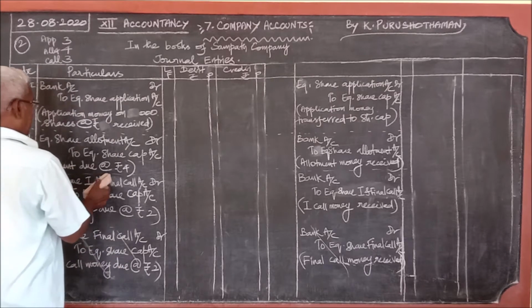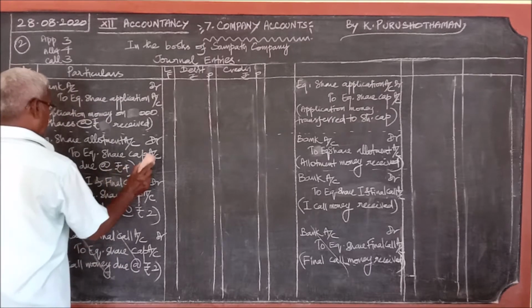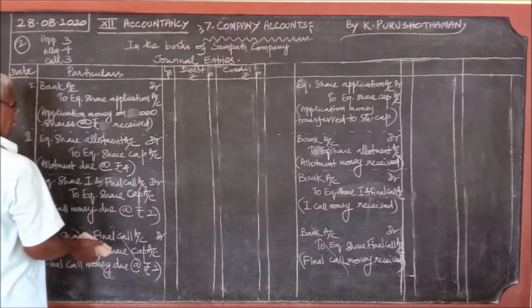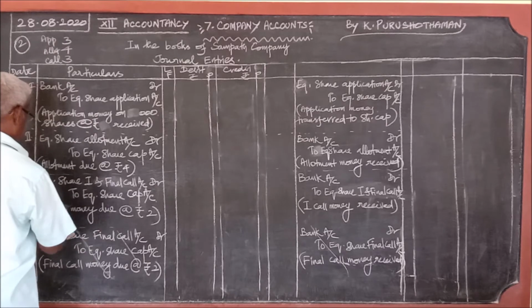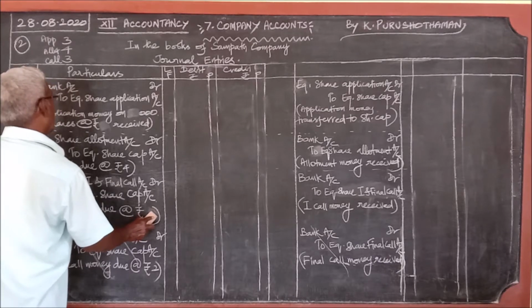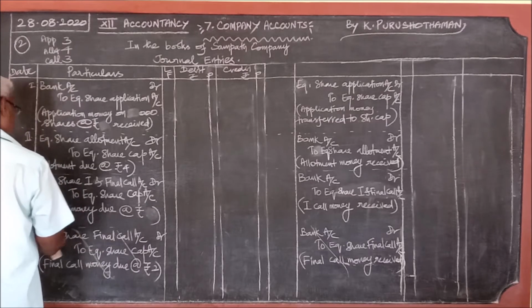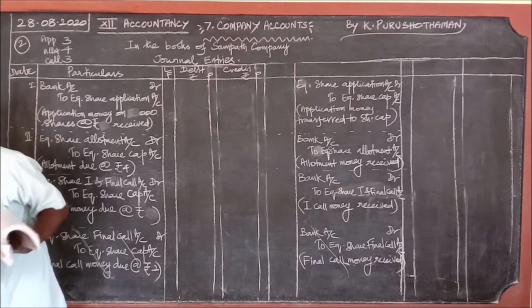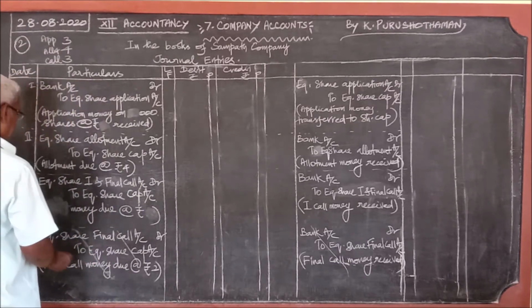Then allotment money due at the rate of rupees 4. Then the last one, first and final call money due at the rate of rupees 3. That I should mention, first and final call, because both the calls are combined together.